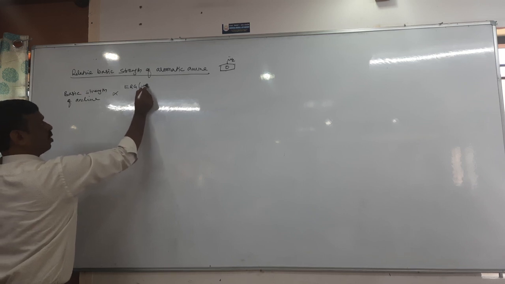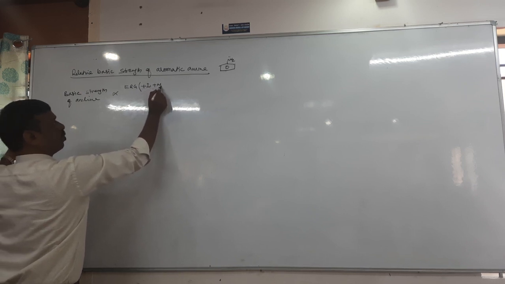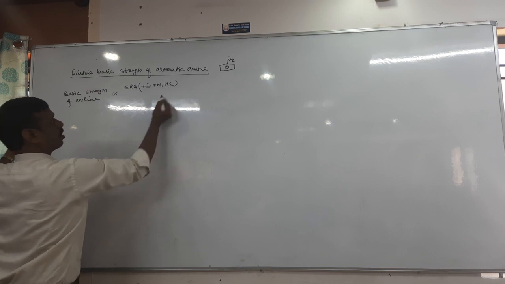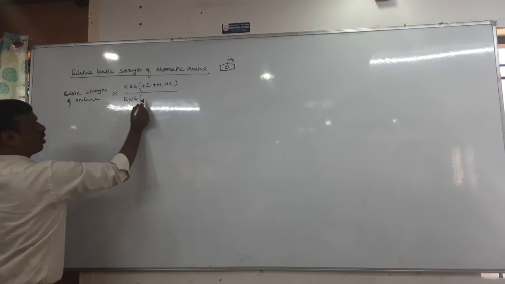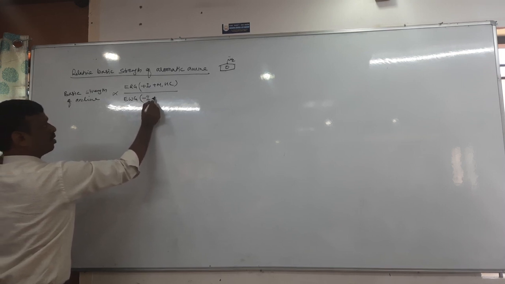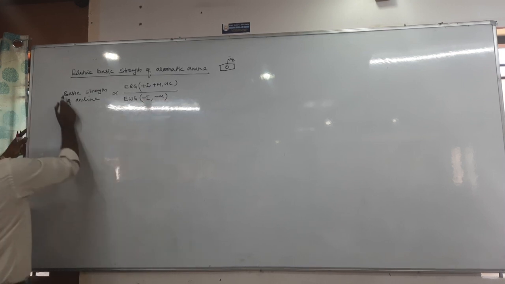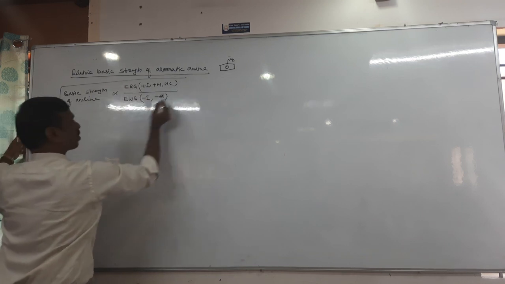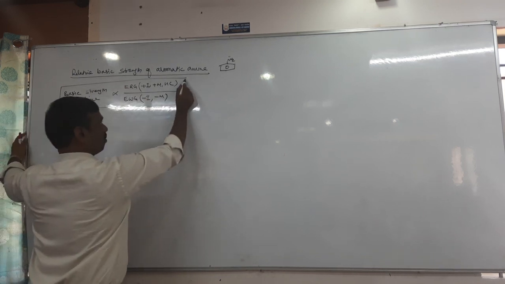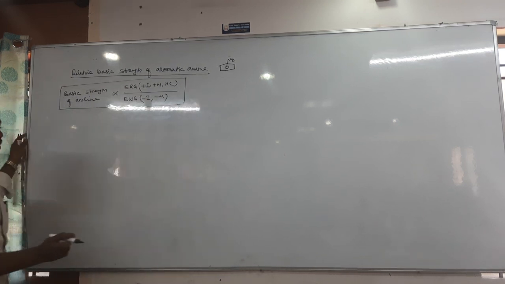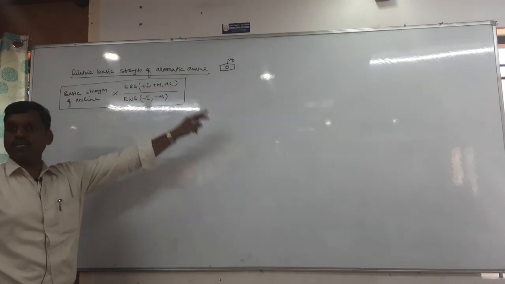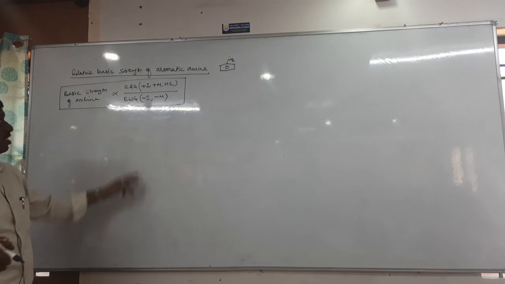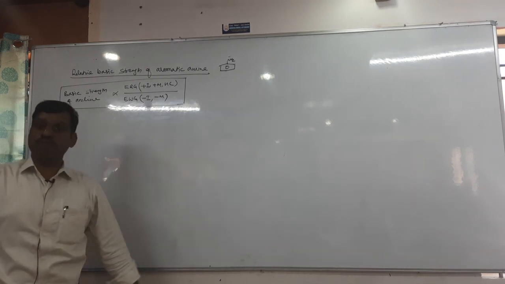Plus I group, plus M group, hyperconjugation. It is inversely proportional to electron withdrawing groups: minus I, minus M group. It means the basic strength of aniline increases when plus I, plus M, hyperconjugation groups are present, and decreases when minus I, minus M groups are present.